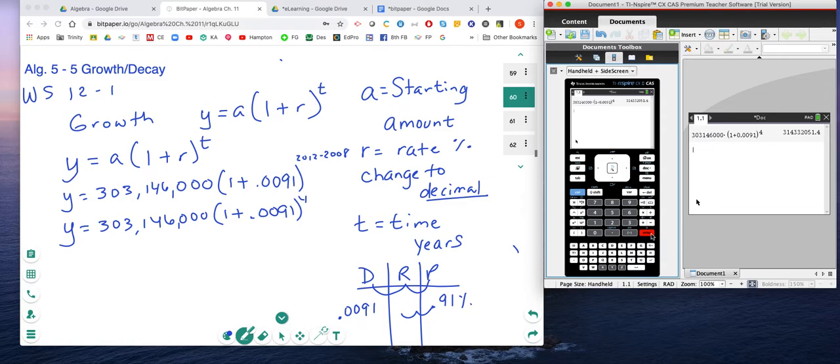So our answer is going to be y is equal to, the population is about 314,332,051. We didn't round because it was decimal 4.